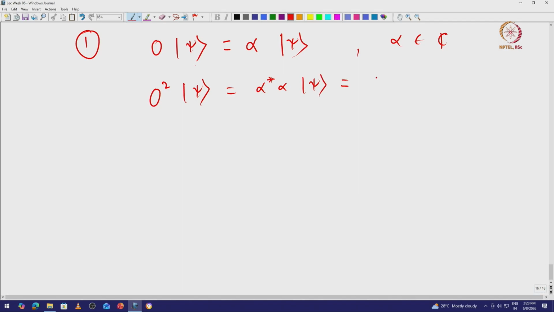Acting it twice, you will get alpha square psi, and since O square is a discrete symmetry operated twice, we are supposed to get back to the same state.